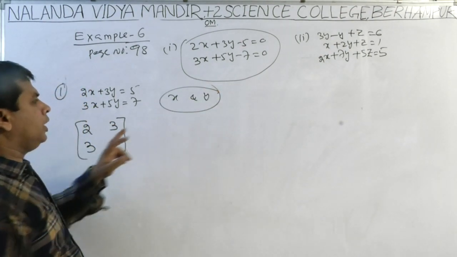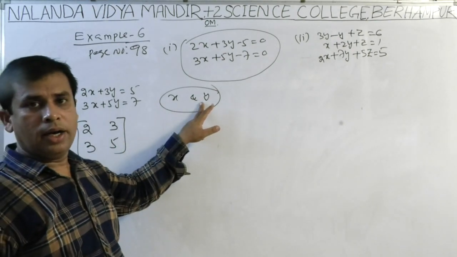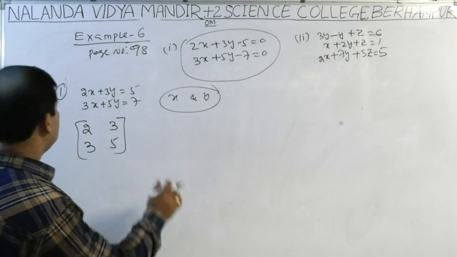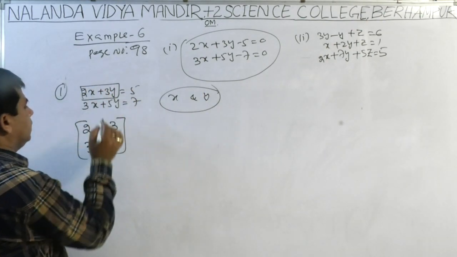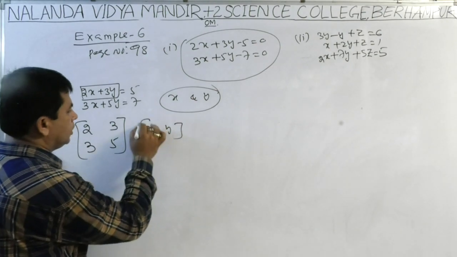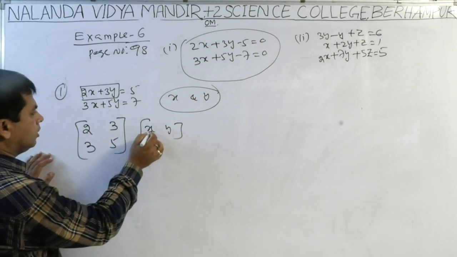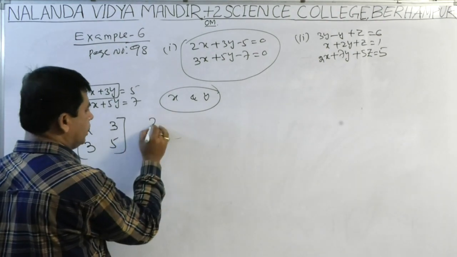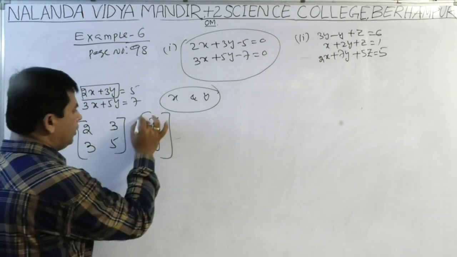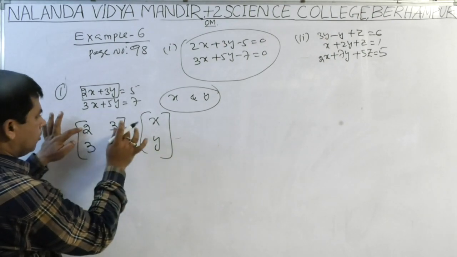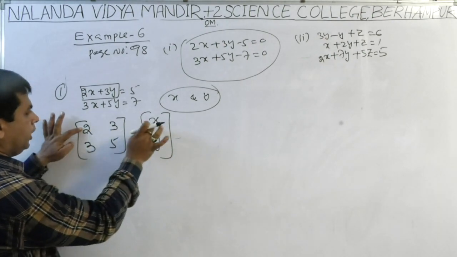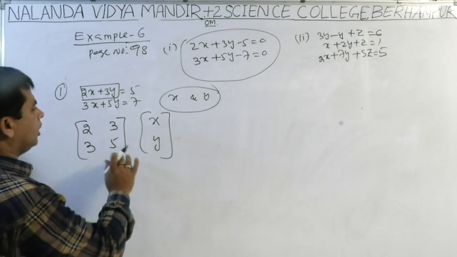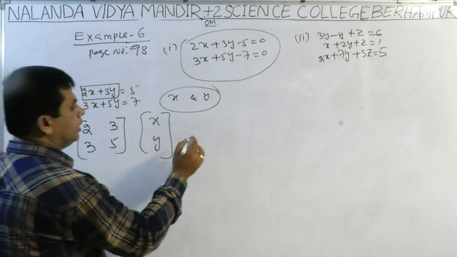If we write x and y in this way, we cannot multiply 2 into x and 3 into y. Therefore, we can arrange x and y in a column matrix. If we write in this way, we can multiply this with this: 2 into x plus 3 into y. We get 2x plus 3y. The result is 5, 7.